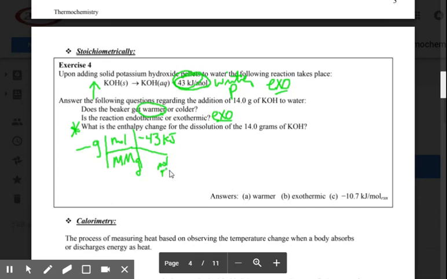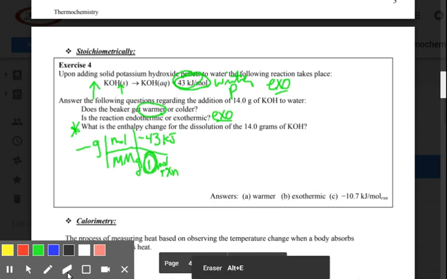What goes in this little box in the stitch is the coefficient in the balanced reaction. So the question is, are we looking at KOH solid or KOH aqueous? We are adding 14 grams of KOH, so that will be the solid. In my balanced reaction, I have 1 KOH there, so 1 will be the value that we put in there.